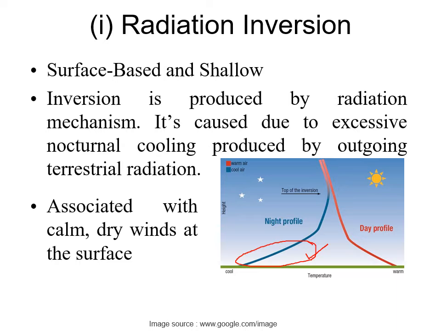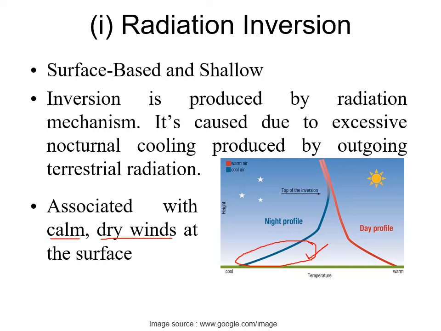And this type of temperature inversion is also associated with calm dry winds. That means the difference in temperature should be sustained. If the wind is blowing and there is a lot of water vapor, then that will hold a lot of heat. Water vapor basically traps the outgoing terrestrial radiation.